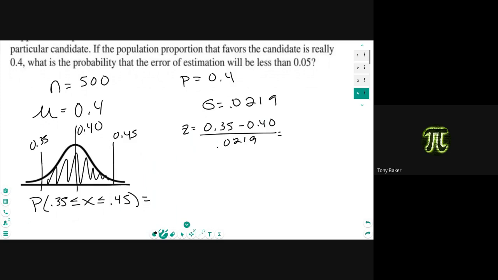Now remember, your z-score is always 2 decimal places because that's where your table is at. So I'm going to do that one and the plus 2.28.